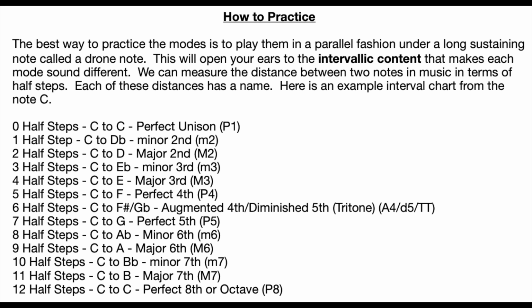And you can see here there's a chart of intervals. Intervals are just the distances from note to note, and we can measure those distances in half steps, the smallest unit. Basically, a half step is as close as a note can get to another without being the same pitch. So a half step away from C would be going up to D flat.